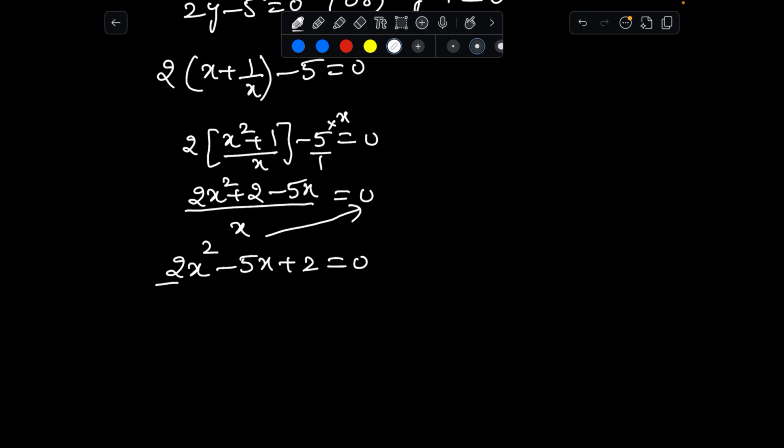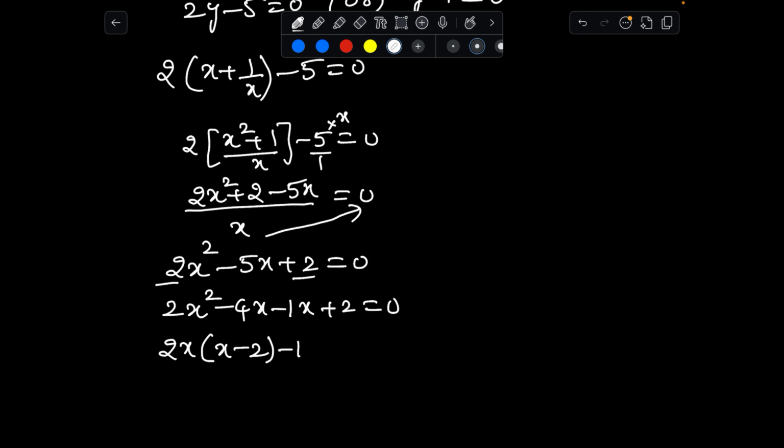Here the x² coefficient is 2 and the constant is 2; 2 twos are 4, 4 ones are 4, and 4 plus 1 is 5. So 2x² − 4x − 1x + 2 = 0. From the first two terms, 2x is common: x − 2. From the last two terms, −1 is common: x − 2 = 0. Then the x − 2 factor is common, and the other factor is 2x − 1 = 0.